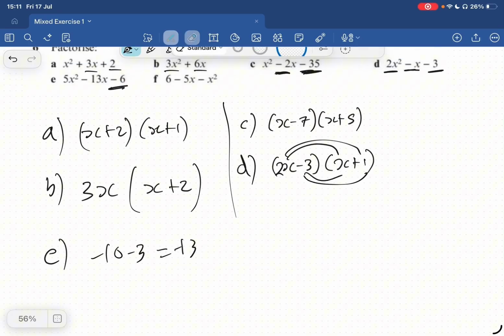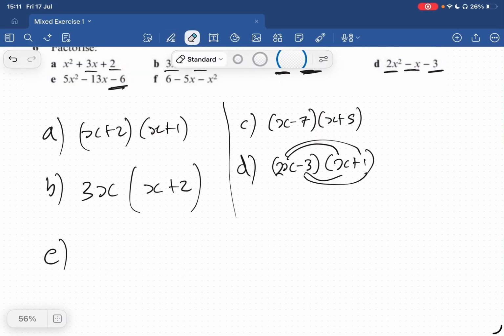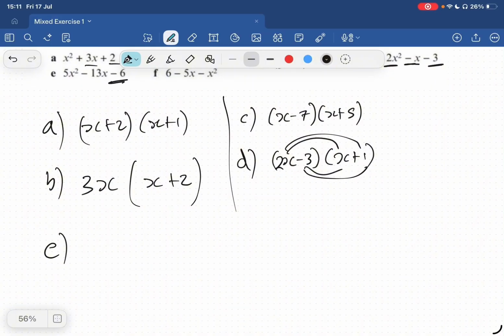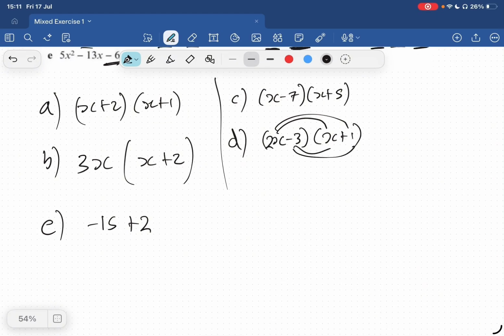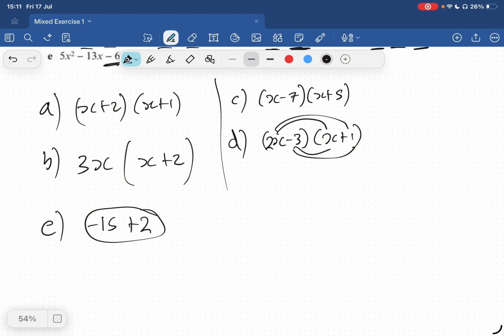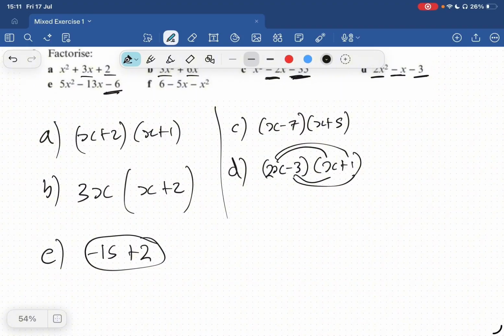So even though weirdly that worked for one of our conditions, it failed for the other one. The other thing we can look at is negative 15 and positive 2. That's right, because negative 15 plus 2 is negative 13.